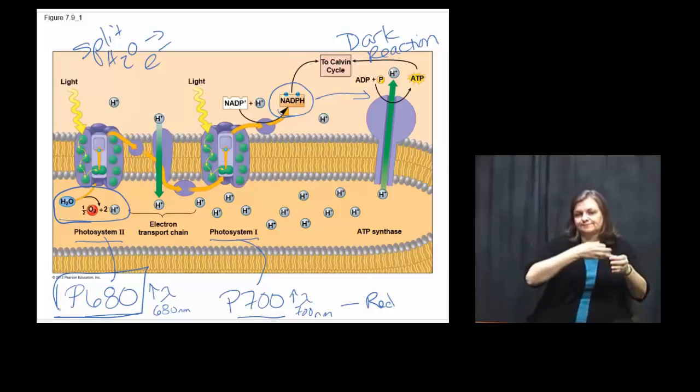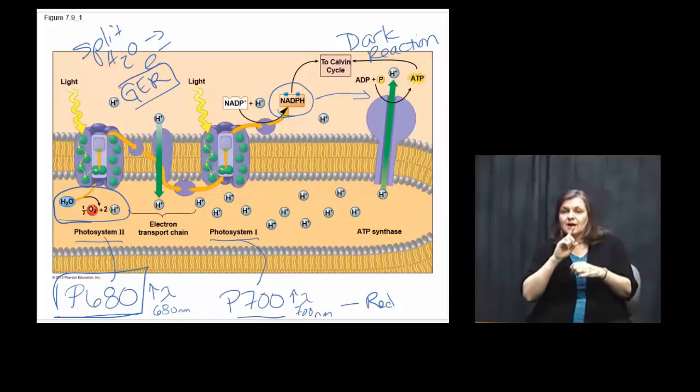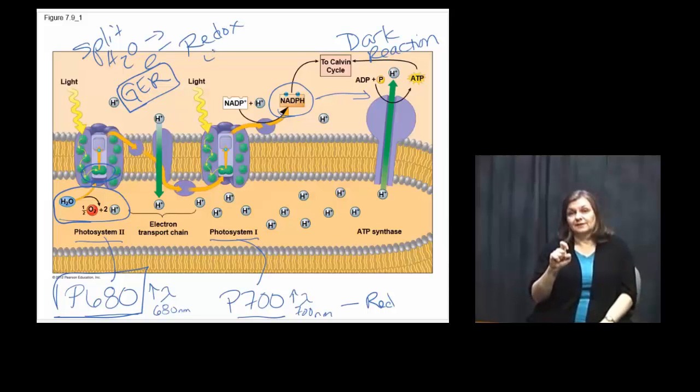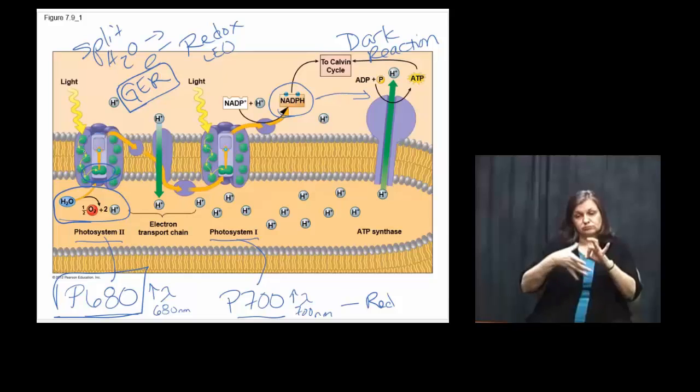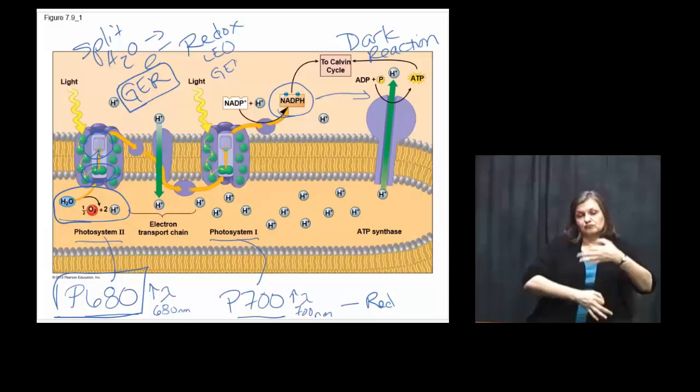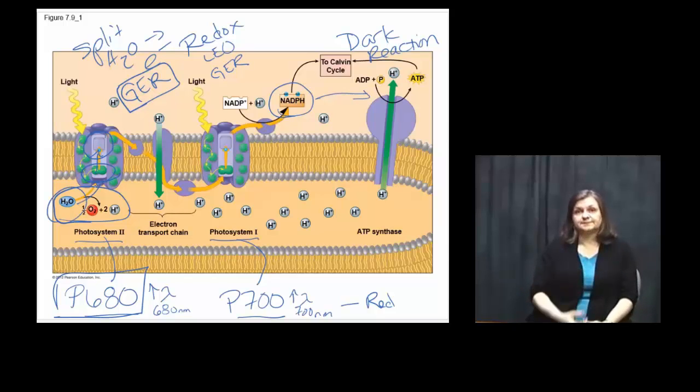So when we look at our gain of electrons reduced, or GER, when this pigment gains electrons, its charge will actually be reduced, correct? Right. This is a redox reaction. It loses electrons first to this electron acceptor, and then it's going to replace those electrons from water. That's the essence of the light reaction in photosynthesis.